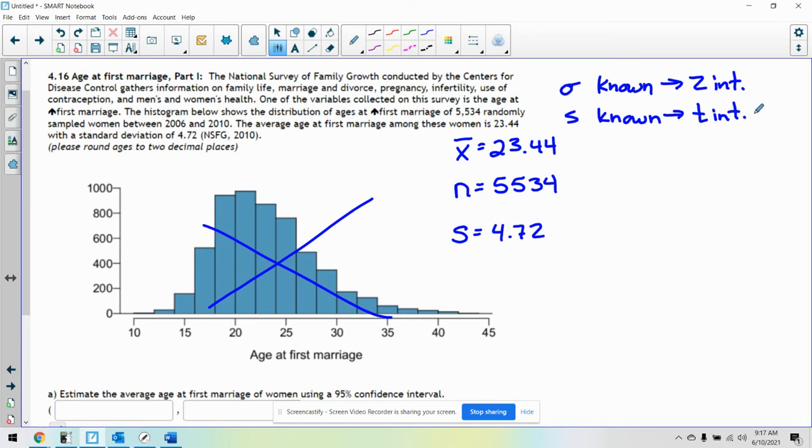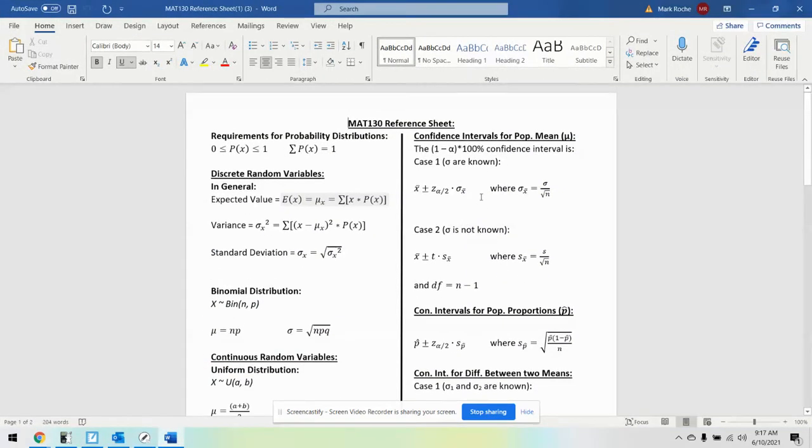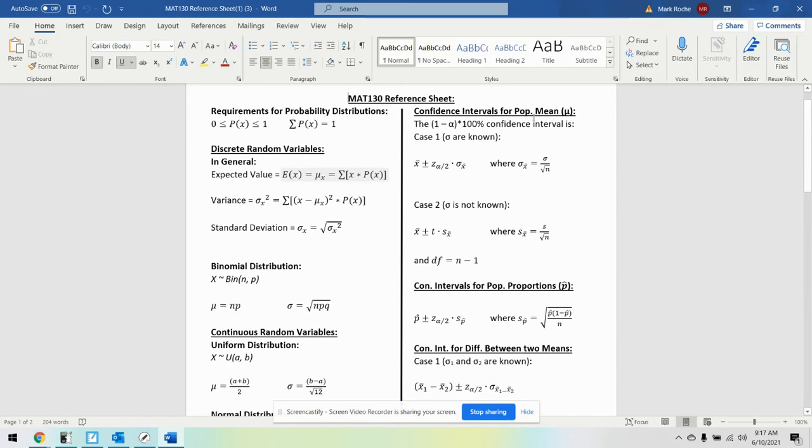Again, you won't use it too much, but if you look at the formula sheet, you'll see confidence intervals for a population mean. We have two cases where sigma is known and sigma is not known. Now notice the only difference here is there's a Z here and a T here. So that just tells you which function in the calculator to use.